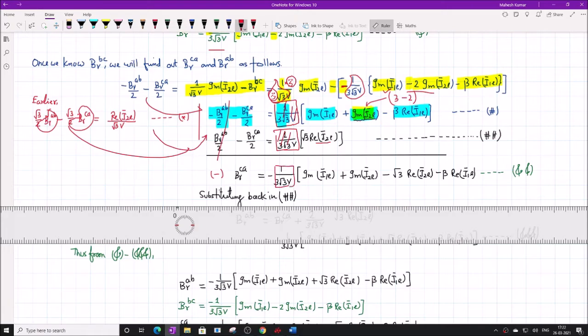And on the right hand side we have imaginary of I1L, this term, plus imaginary of I2L, this term, and this is root 3 into real of I2L. Since minus is common here, so this will become minus here. Okay, so it becomes minus root 3 real of I2L, and then minus beta, this term, real of I1L.